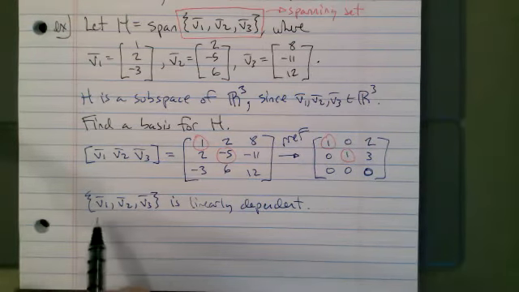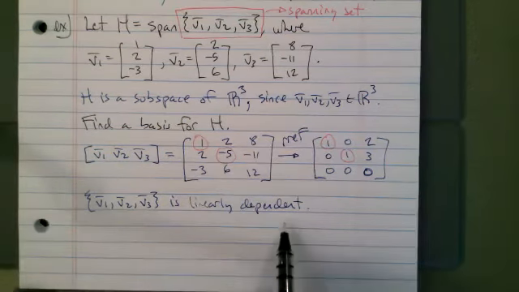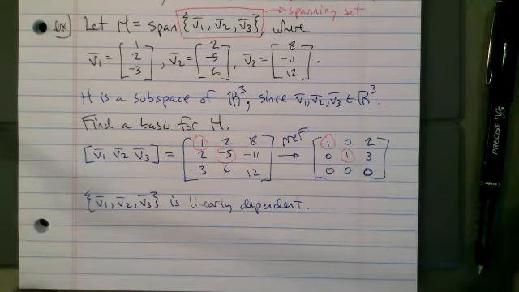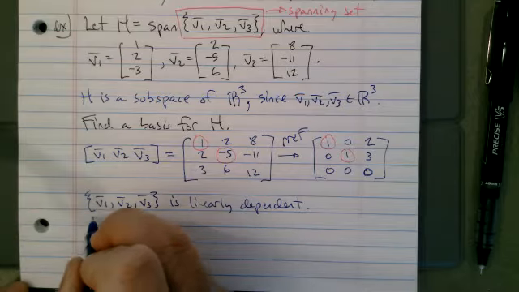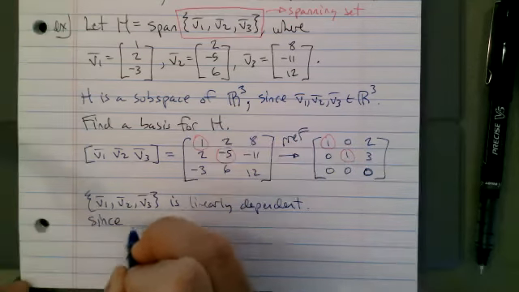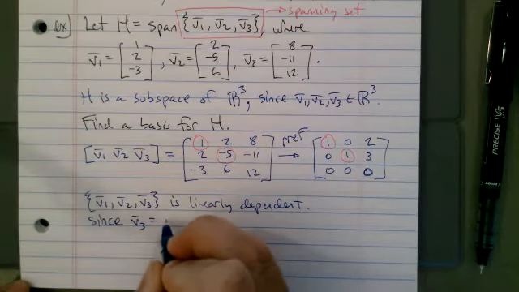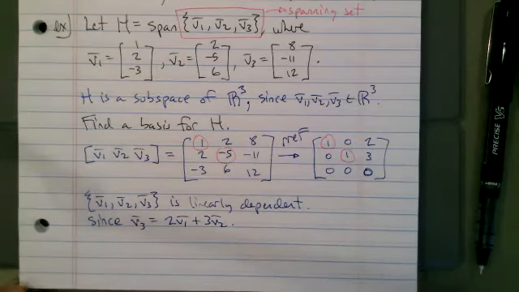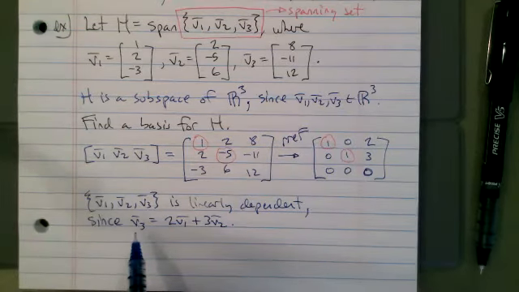So this set of vectors, v1, v2, v3, is linearly dependent. But if I get rid of v3, since v3 is just 2 times v1 plus 3 times v2, that tells me I can get rid of v3. If we eliminate v3 from the set, then we will have a linearly independent set.